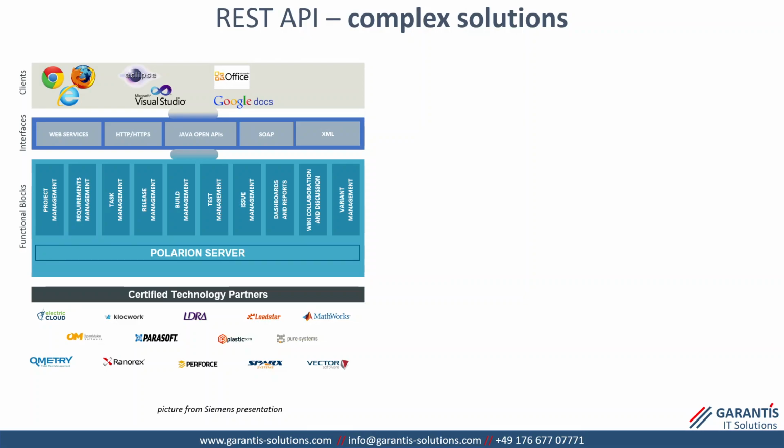So you could use web services, HTTP, HTTPS, Java Open API, SOAP, XML as a data transfer protocol, and you could use a wide range of functionalities such as project management, requirements management, release management, test management, and so on, which is implemented in Polarion.